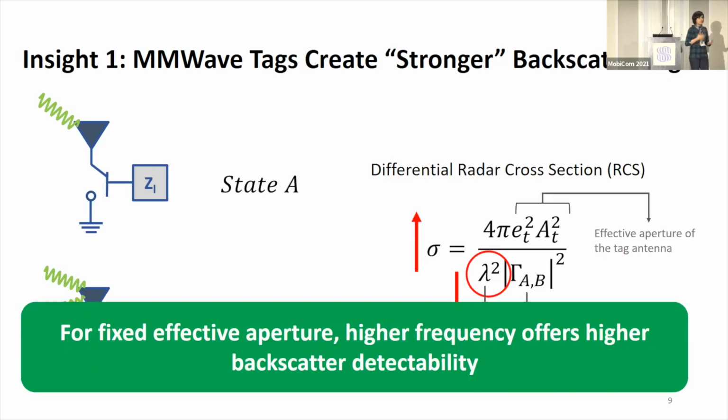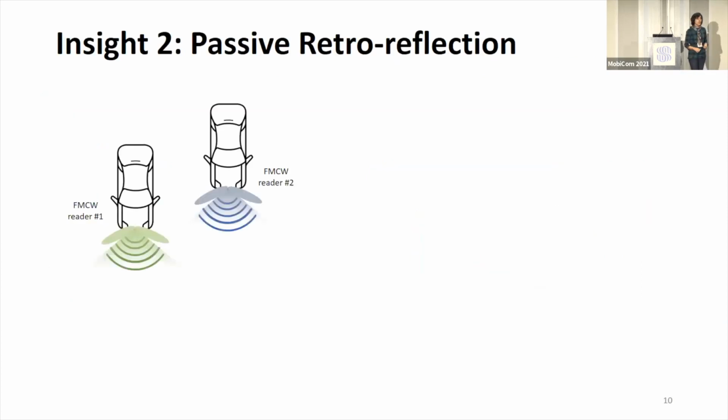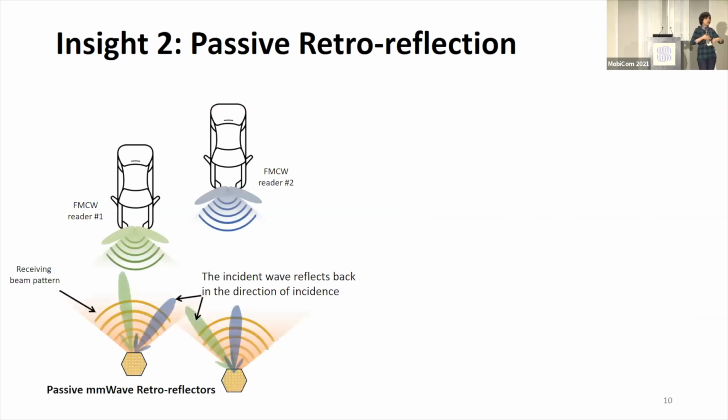But that's not enough. We still need a minimum of energy from the tag to be able to detect it. That's where retroreflectivity comes in. We designed these tags such that instead of reflecting the signal in all directions, they retroreflect toward the direction that the signal comes from. But we're doing it completely passively.